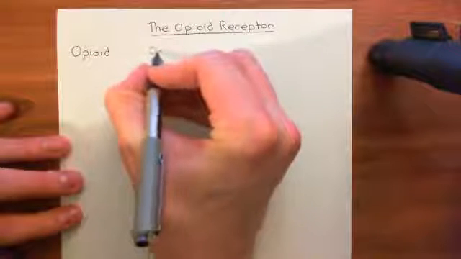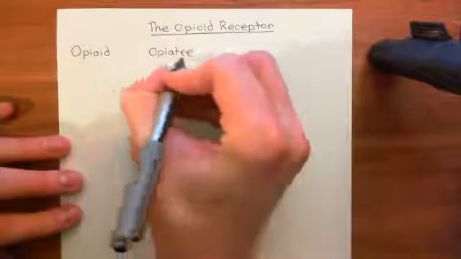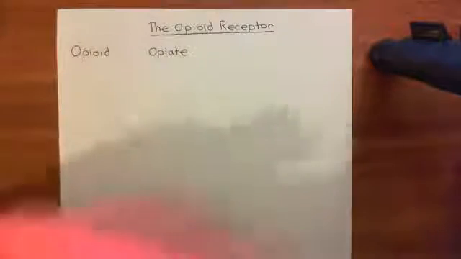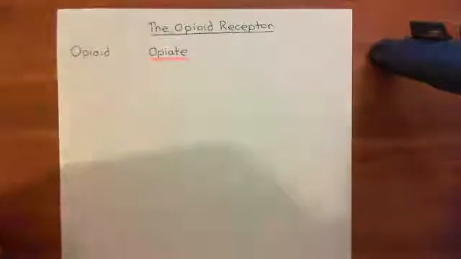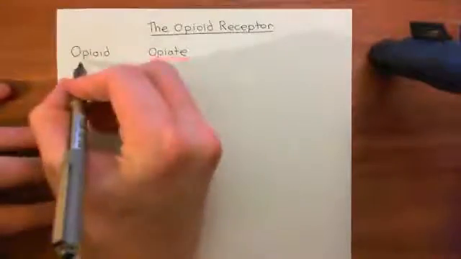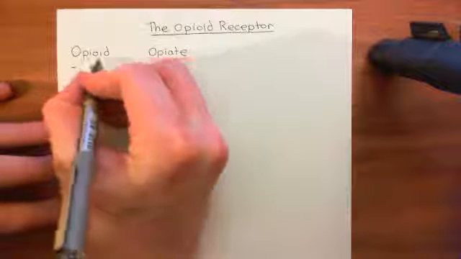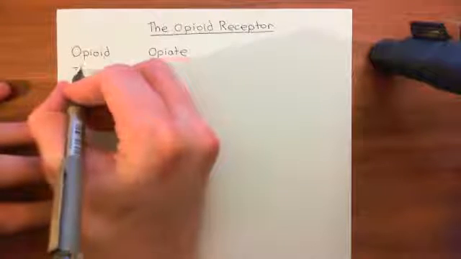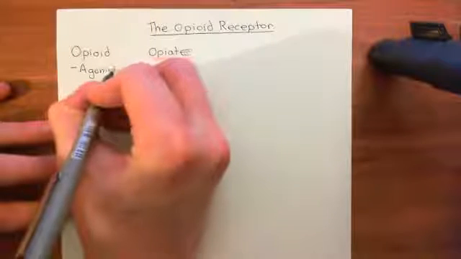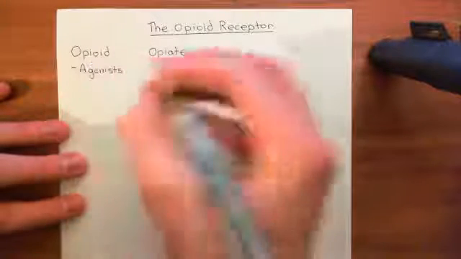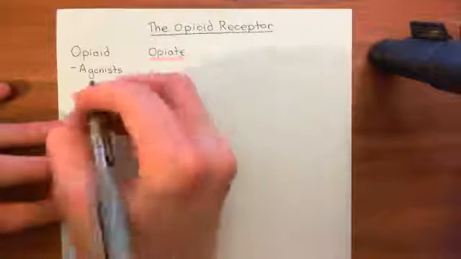Basically the concept of an opiate is older than the concept of an opioid. An opioid is anything which activates opioid receptors, so anything which is an agonist for opioid receptors, and produces similar effects to one of the major opiates, which is morphine.